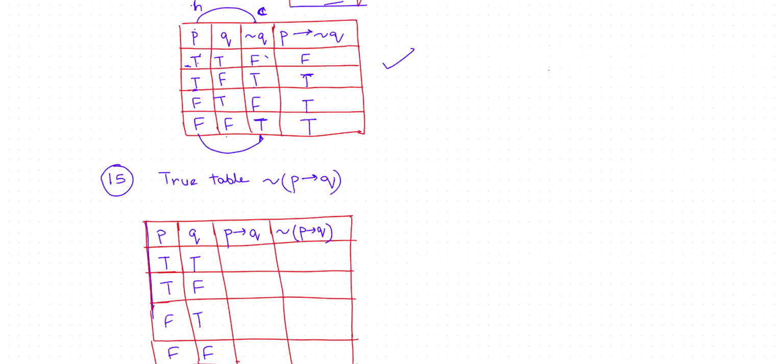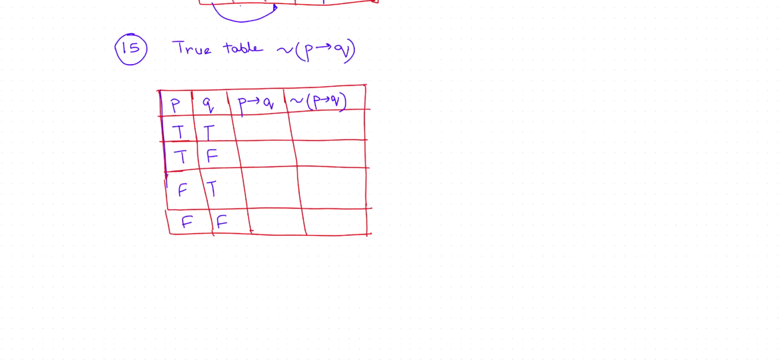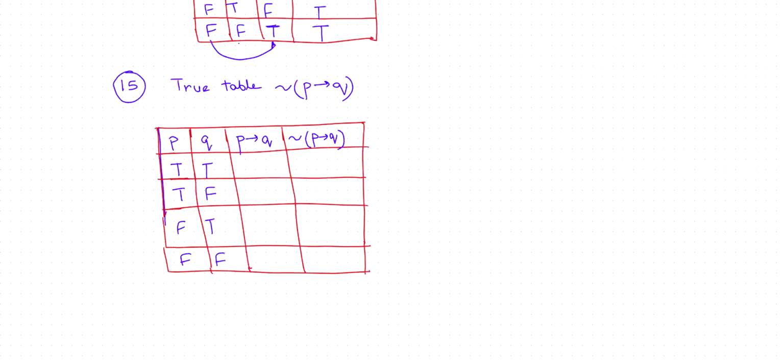So this will be true, this is false, and both of these are true. Okay, when both are false, it is true. When P is false, this is the hypothesis.